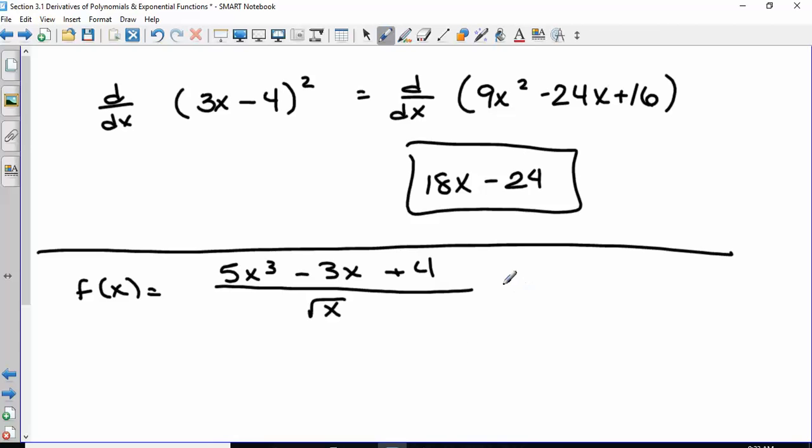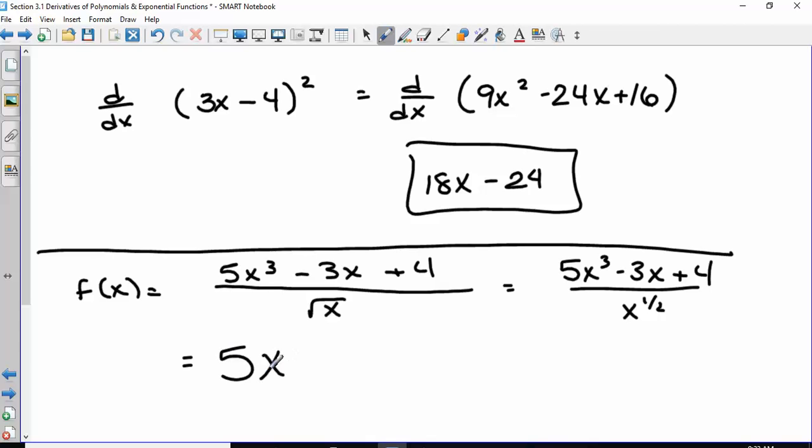A square root of x is like x to the what power? 1/2. So when you divide, you subtract exponents. So 3 minus 1/2, so it's like 6/2 minus 1/2 is 5/2.